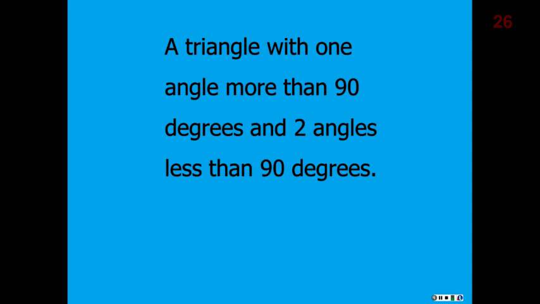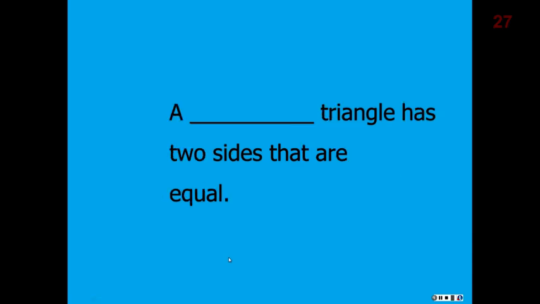If an angle is more than 90 degrees, it's an obtuse triangle, because I told you we could have an acute and an obtuse triangle. Somebody was listening to my triangle lecture. Good job. Okay, a blank triangle has two sides that are equal. Isosceles.